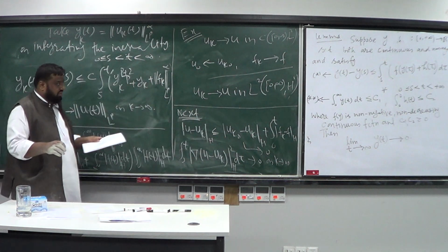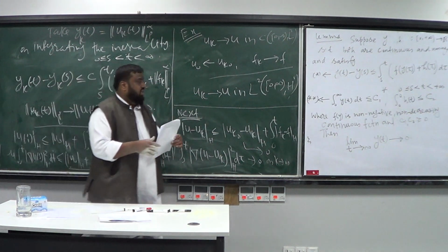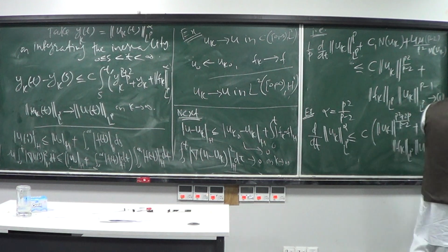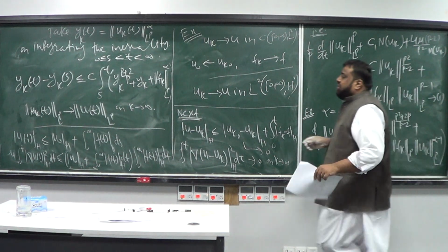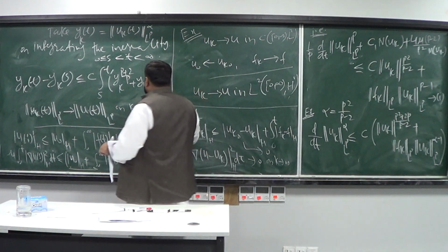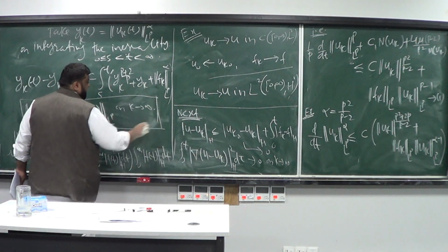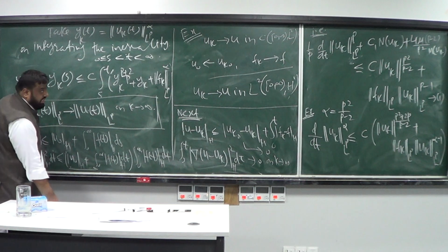So it's not difficult. These are the small things that you have to work out for yourself. And what I would like to show is this diagram. This is the key thing.